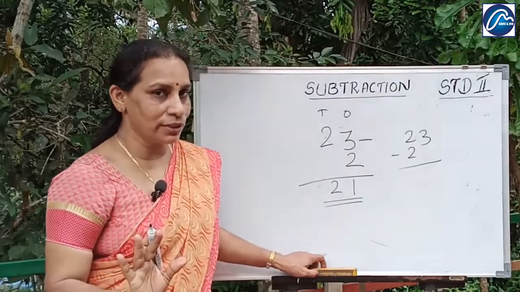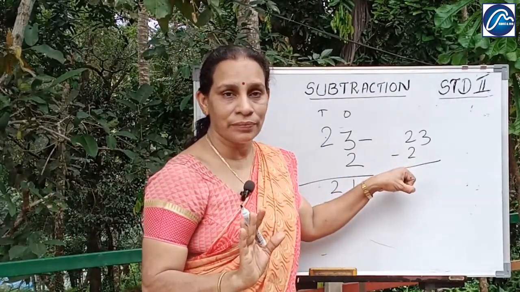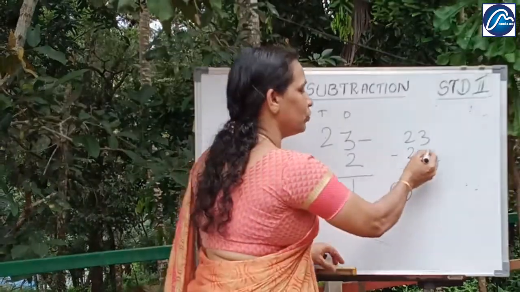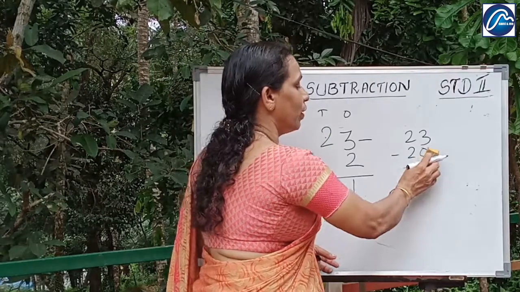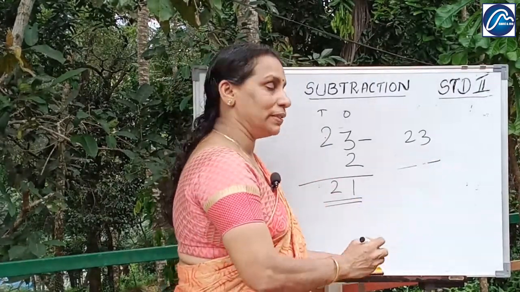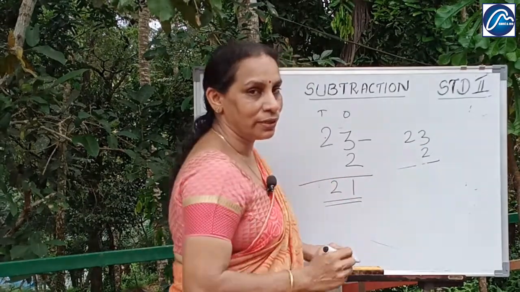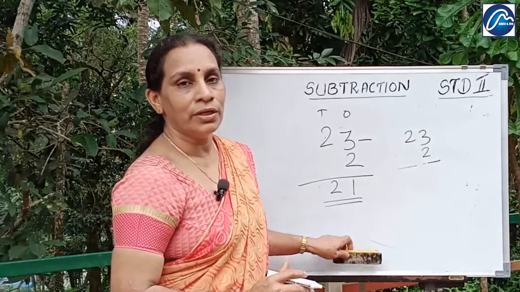It should not be written like that, because it is only 2 ones. It is not 2 tens. 2 tens is already 20. So don't write like this. It is ones place, it should come in ones place. Okay, so 23 minus 2 we have learned and we have subtracted.